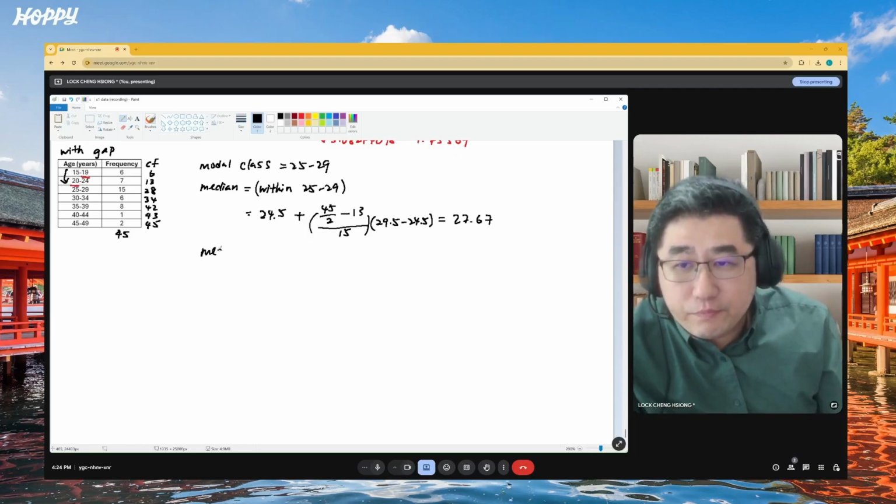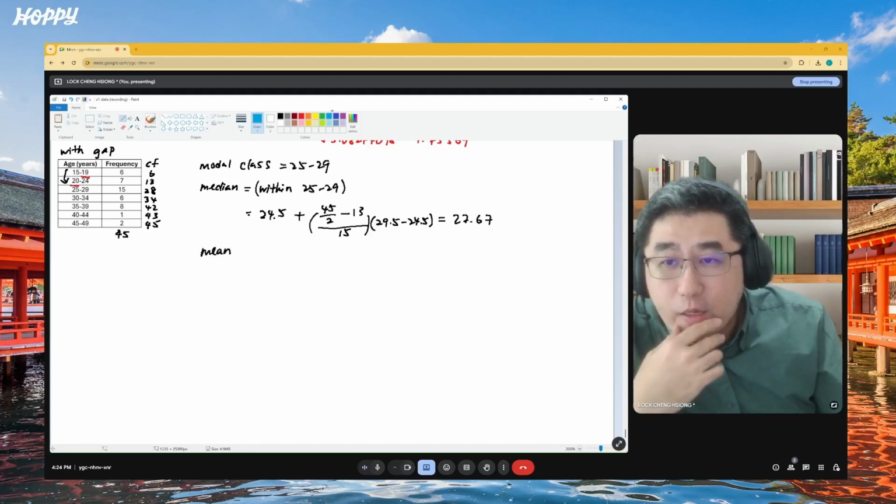Then I have the mean. For the mean, I will need my midpoint.